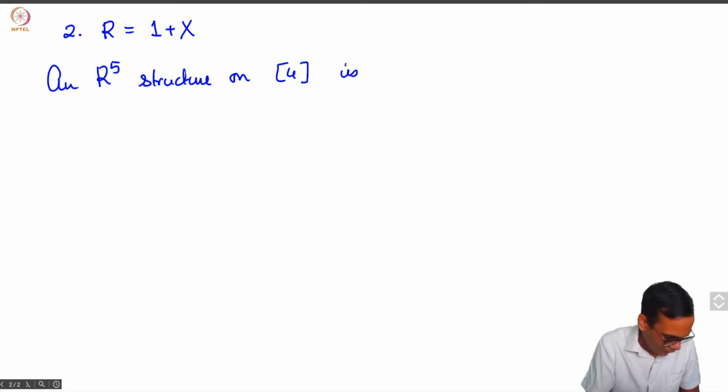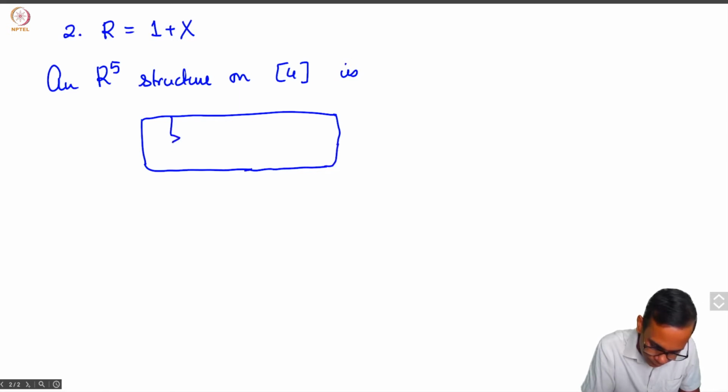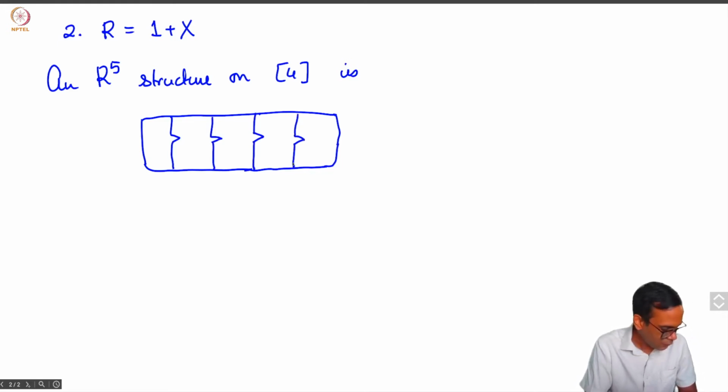So it can be visualized like this. You have to divide the set into 5 pieces. Yes, order is important, 1, 2, 3, 4, 5, and in each piece you're allowed to have 1 element of the set 1, 2, 3, 4 or none.